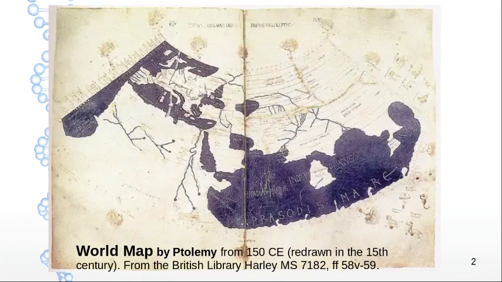Historical account. This is a map, very old. To be more precise, more than 1,900 years old, because we are in 2021, and this is 150 CE, drawn by Ptolemy, and it was redrawn in the 15th century.